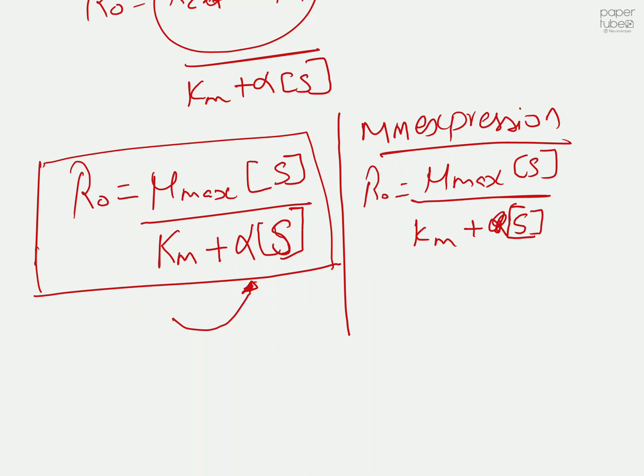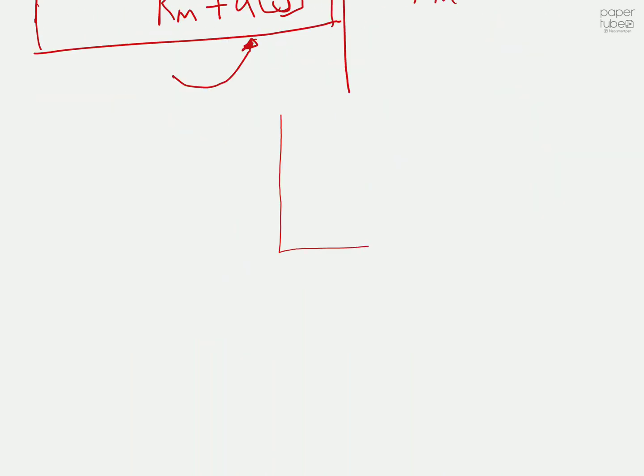So what can we do with this expression? If you perform an enzymatic reaction without any inhibitor and plot substrate concentration versus initial velocity, we all know you will get a curve like this.